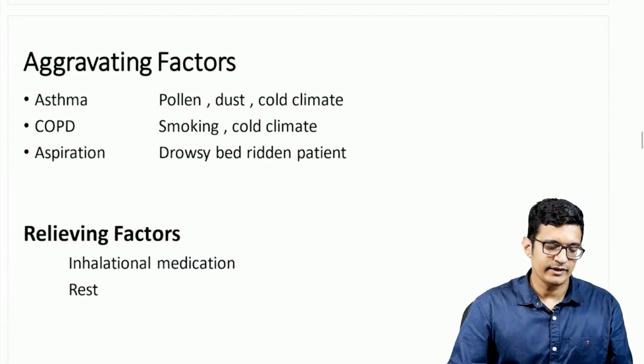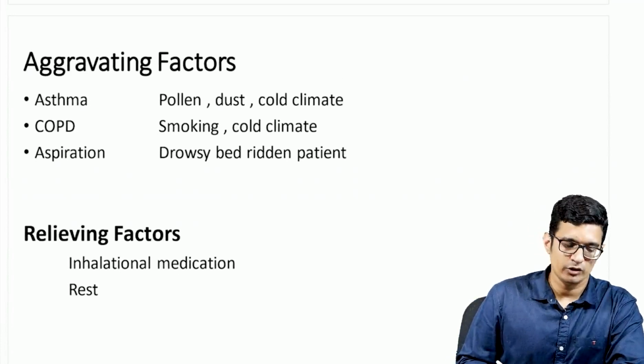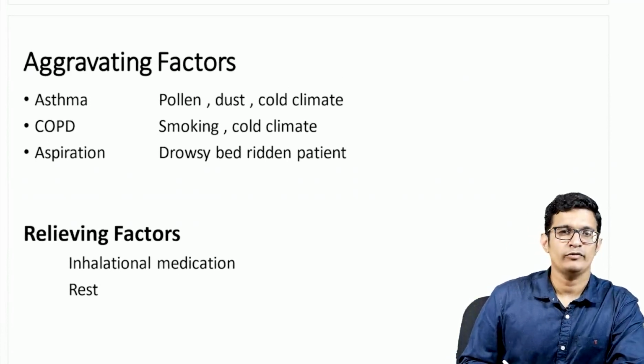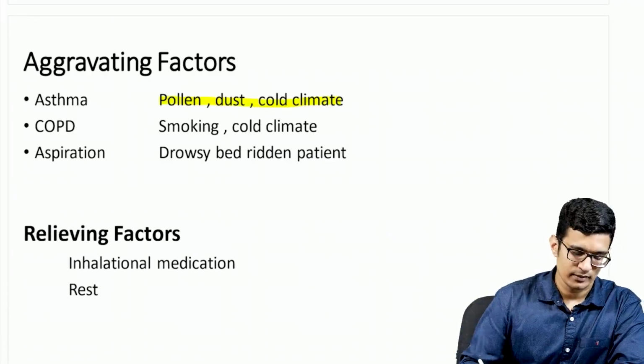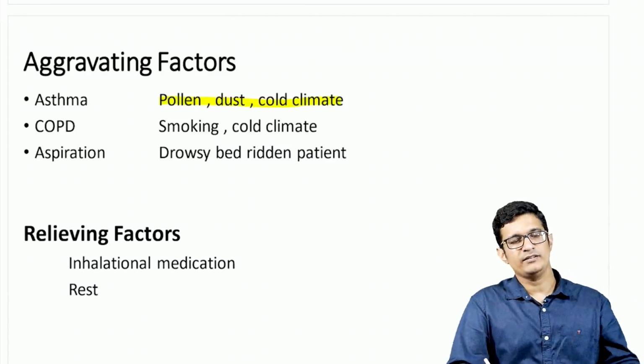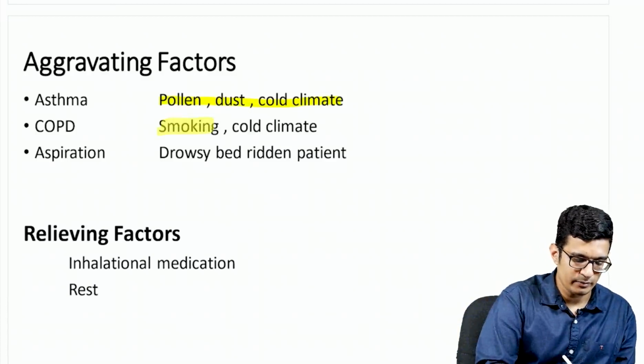Now breathlessness in conditions like asthma can be exacerbated by exposure to allergens in the form of dust, cold climate, and pollen, etc. And breathlessness in COPD is generally exacerbated by exposure to cigarette smoke.